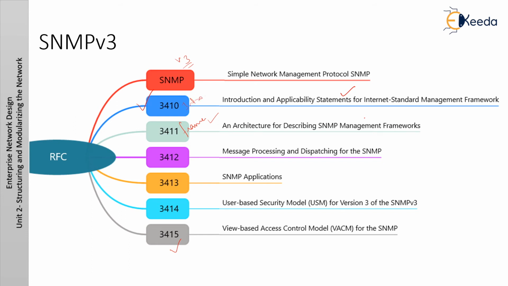Then 3412 covers message processing and dispatching, sending and receiving, for SNMP. Then different SNMP applications are in RFC 3413. In 3414, the user-based security model, USM, for version 3 of SNMP. Then 3415, the view-based access control model, VACM, for SNMP.